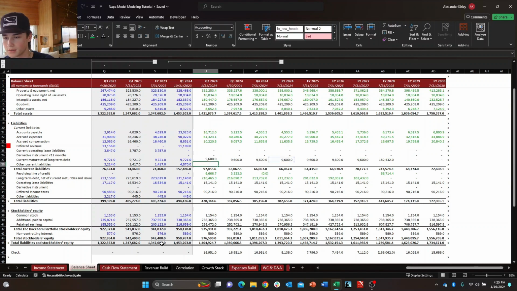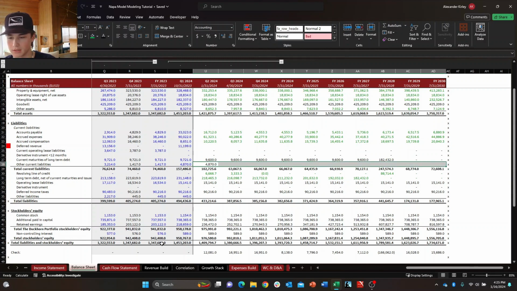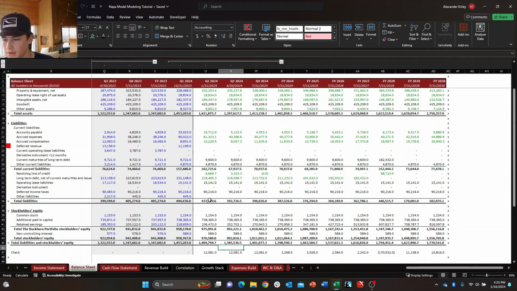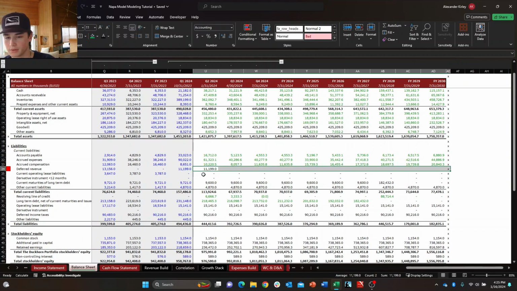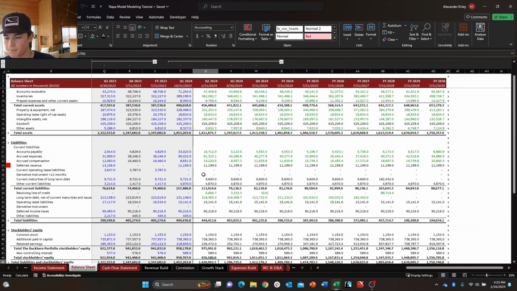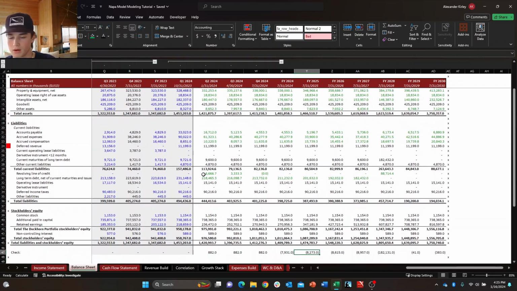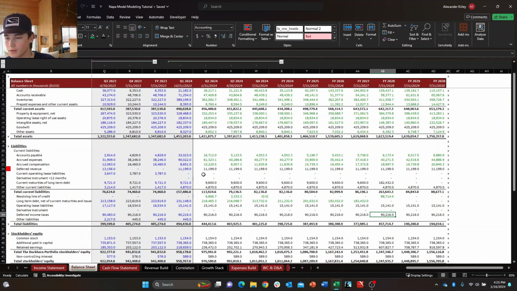Let's fix this. Control right. Then if I just use this, we'd also see the fact that we are 12,000 off here, and that's probably because of our deferred revenue, right? So if we just kept this straight, now we are off.